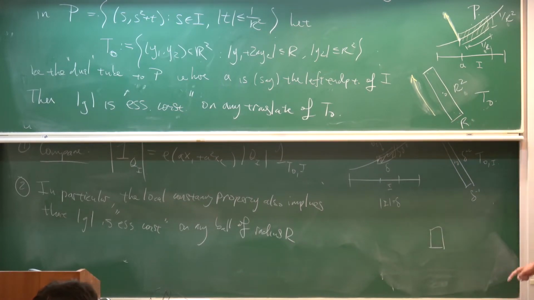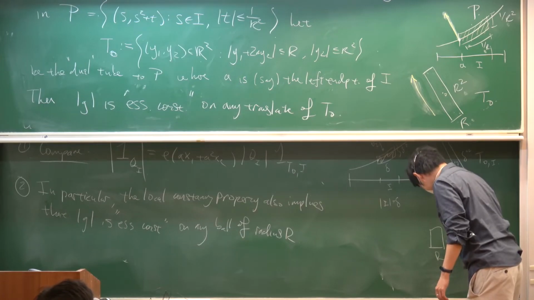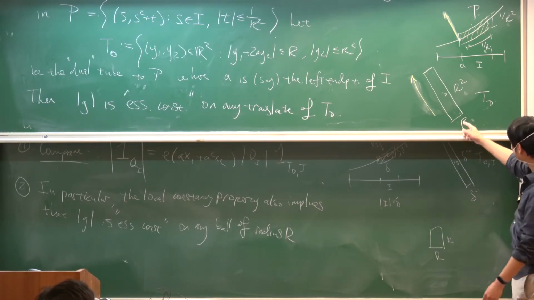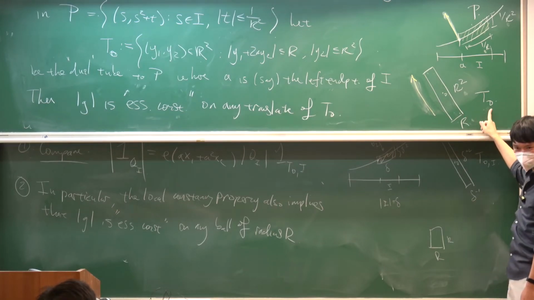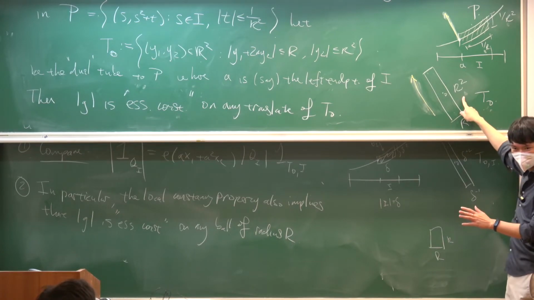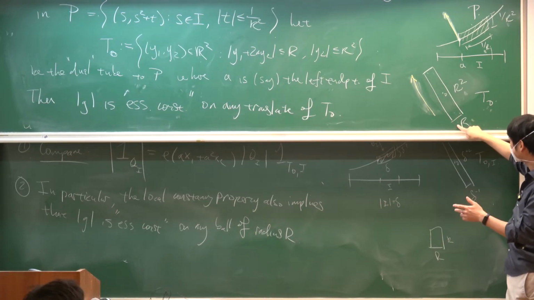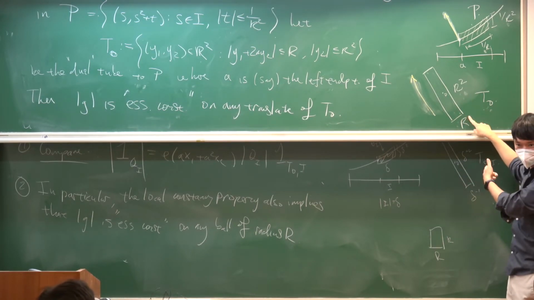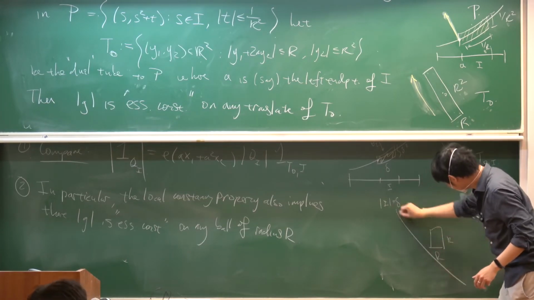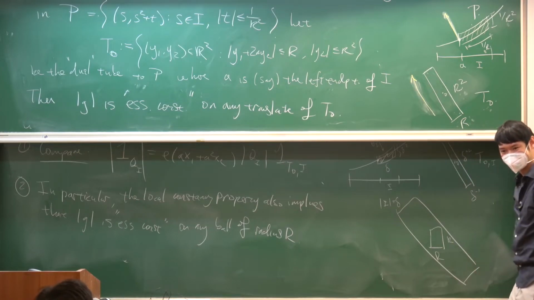I feel like if you taught calculus like this, people would already be complaining. Any ball of radius r. I don't care about 2r or r; it could be a million r by a million r squared. That's the same as this. I can always find a translate of T naught that eats it up.